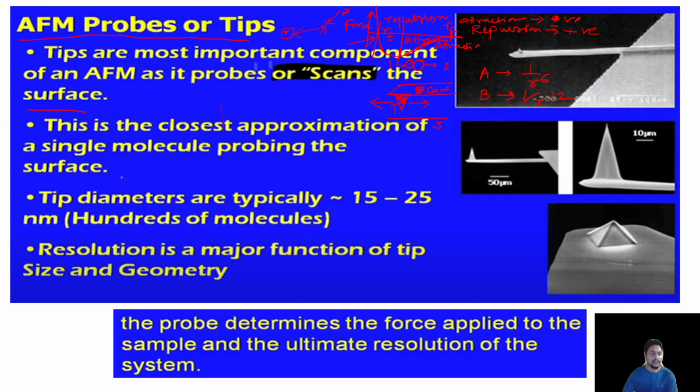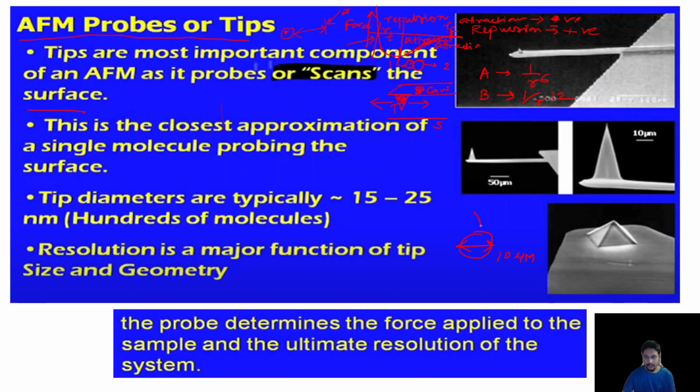So that means the tip is actually probing the surface in a very close approximation, and let's say we want to measure some atom or some component which has a 10 micrometer diameter.